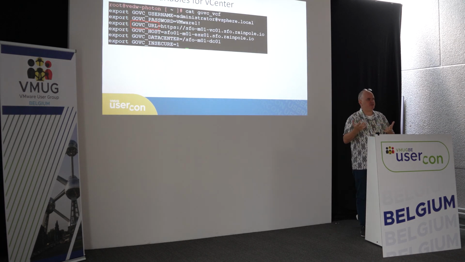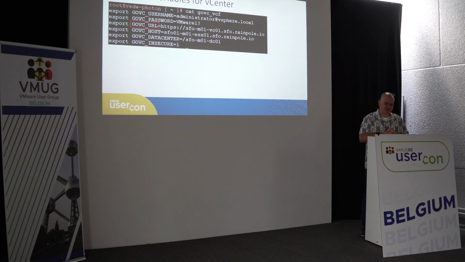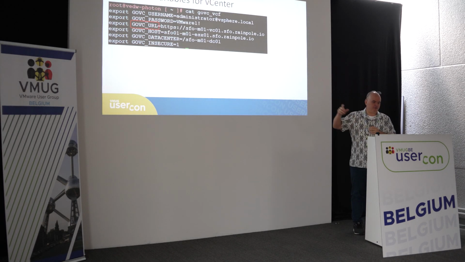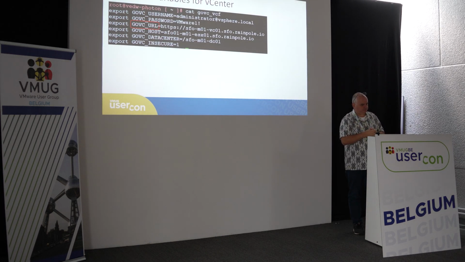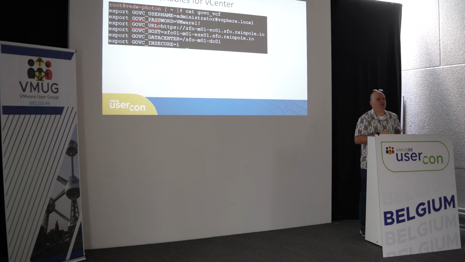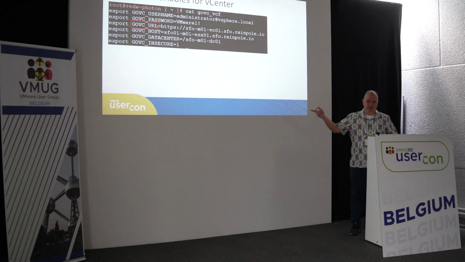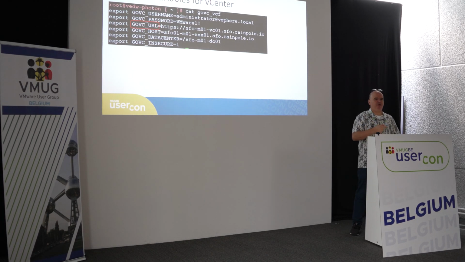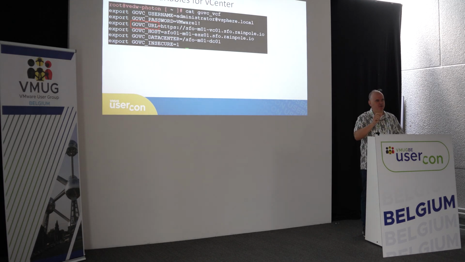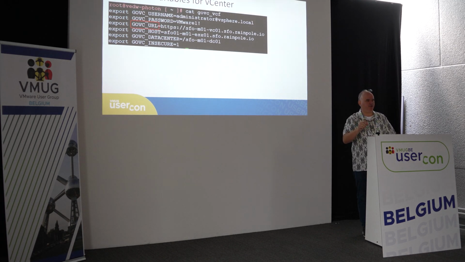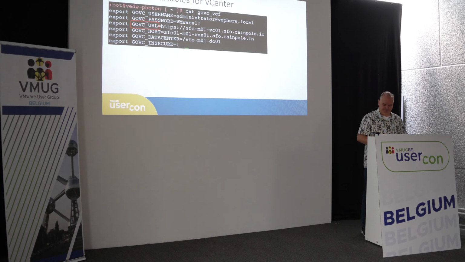But for the sake of the example here, I kept it simple. You've got GOVC_URL, which is a pointer to the vCenter instance. And then some other elements that we can set up, like GOVC_INSECURE, which is a very handy one, because not all of you have a signed certificate assigned to vCenter that is fully trusted. If that's not the case, just set that to 1 and let's go.